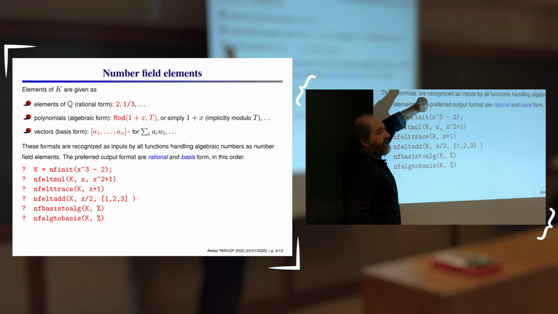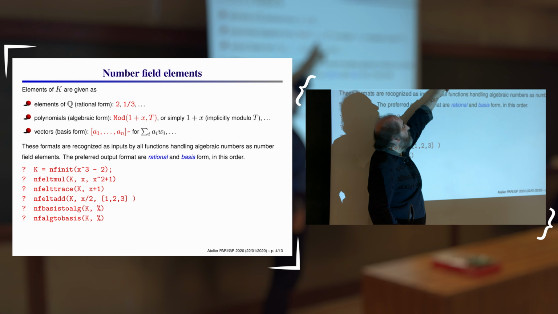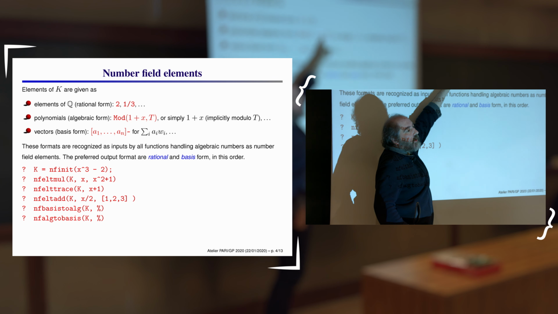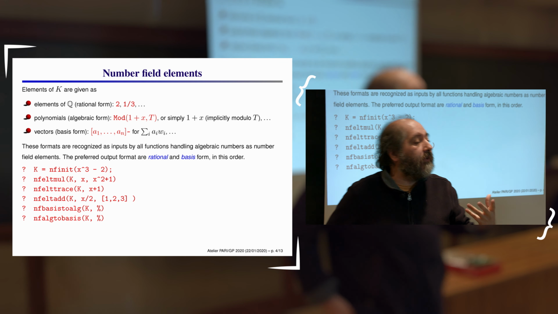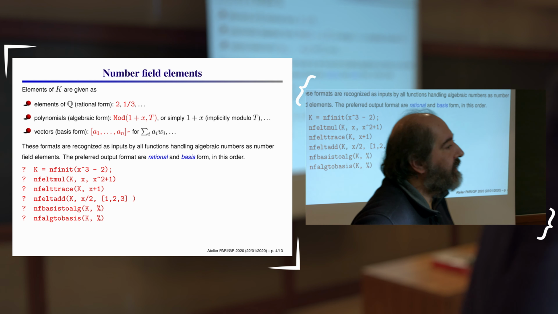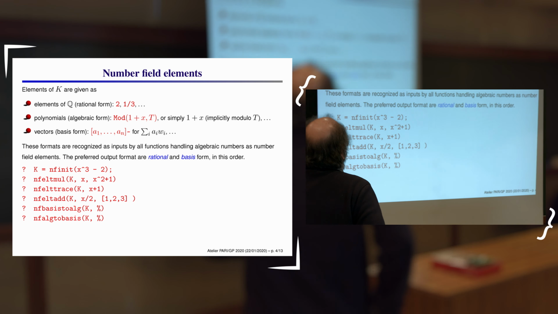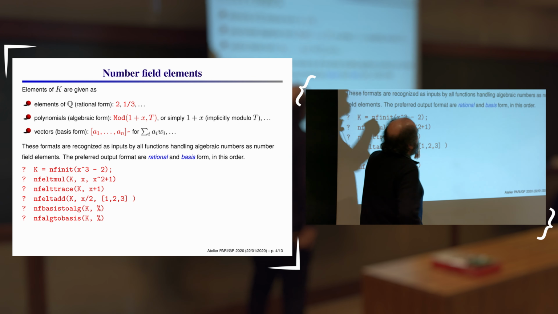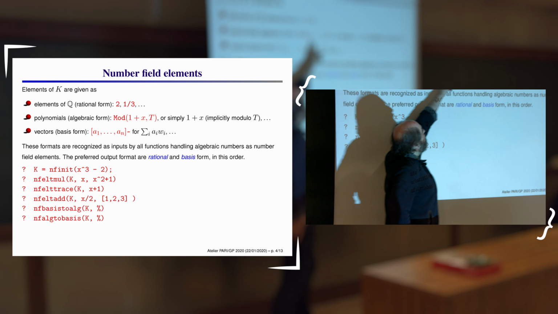Remember, a number field K is just given by a model Q[X]/(T) for some fixed T. So you can actually write this with a Mod. This is 1 plus Xbar, where Xbar is the canonical root of T in Q[X]/(T(X)). Actually, when we do expect number field elements, we accept the lifted form.